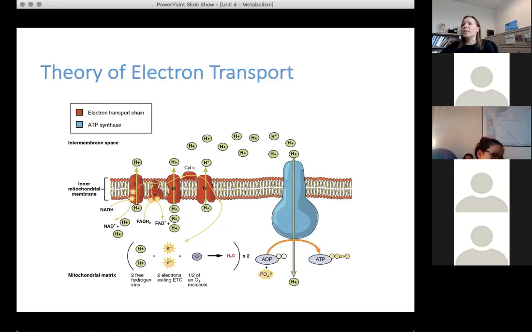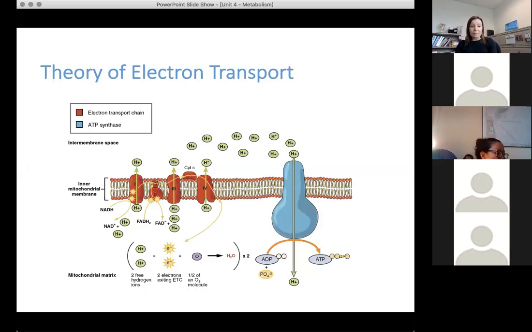These coenzymes are now going to give away their hydrogen ions and their electrons. Remember, when they got reduced, they gained hydrogen ions and electrons, and that's what gave them energy. But now they're going to give them up.